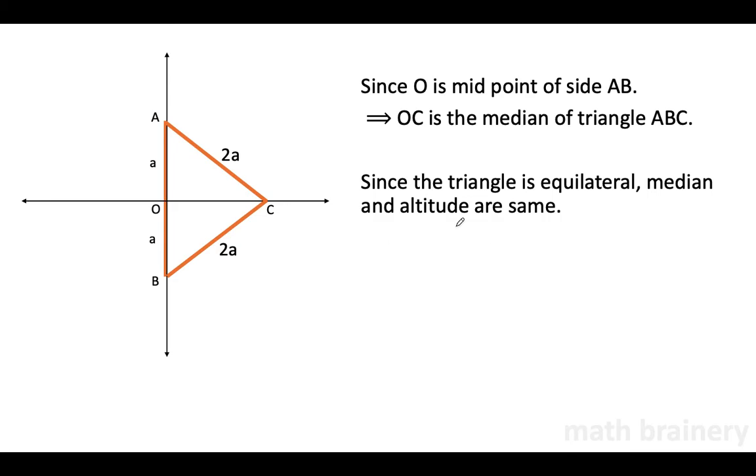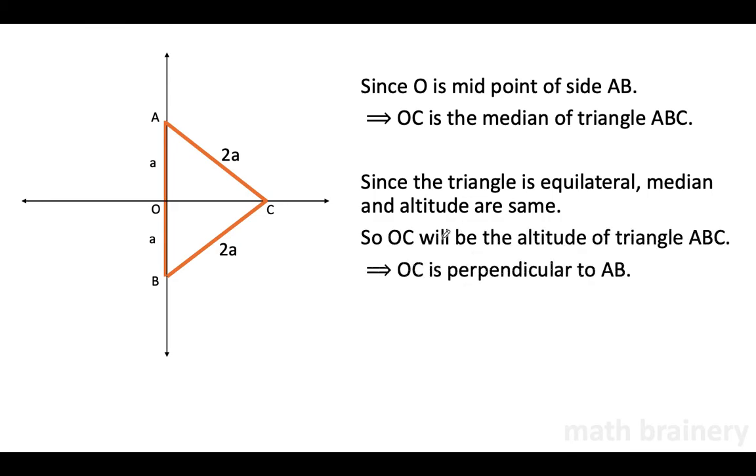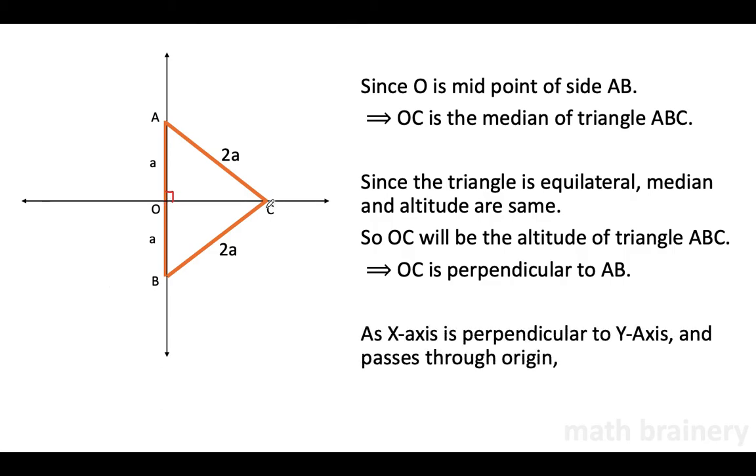That means OC is perpendicular to the line AB. So precisely what we are trying to say here is this line OC must be that line which is perpendicular to the line AB and it passes through origin. Now which line is perpendicular to y-axis and passes through origin? Obviously it is only x-axis. So point C must lie only on x-axis. That is the only possible case in this situation.